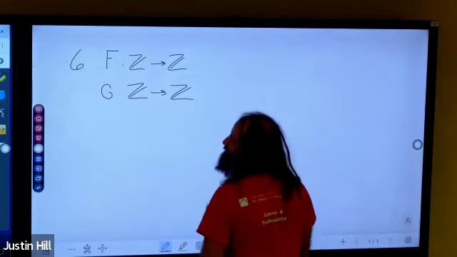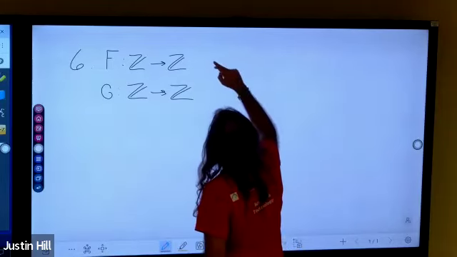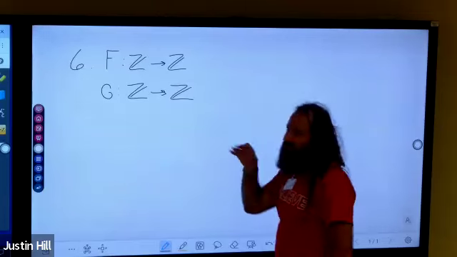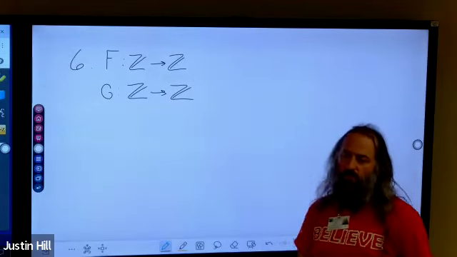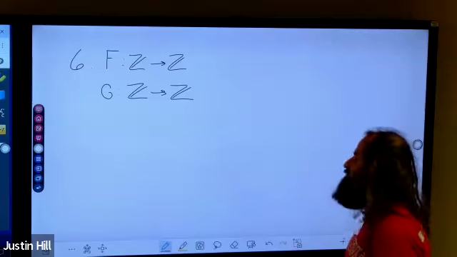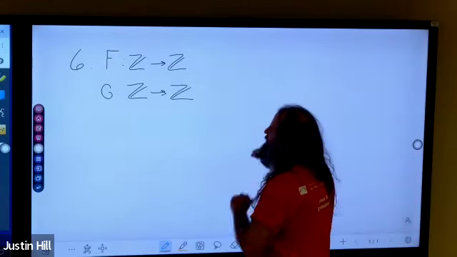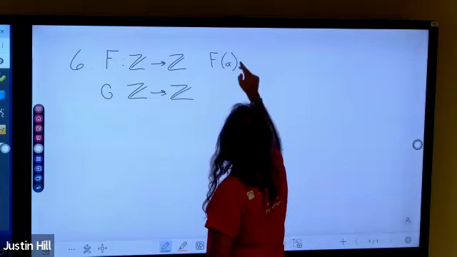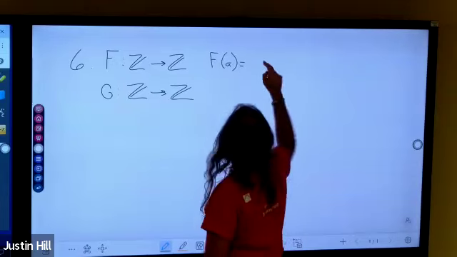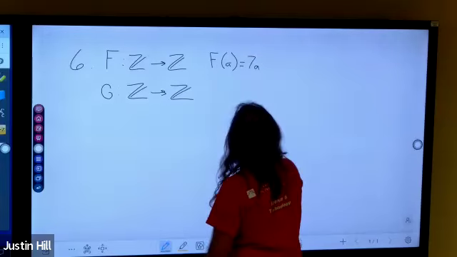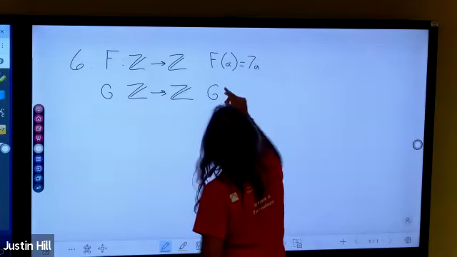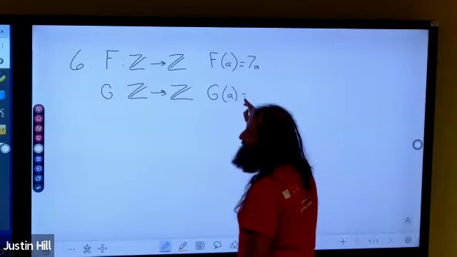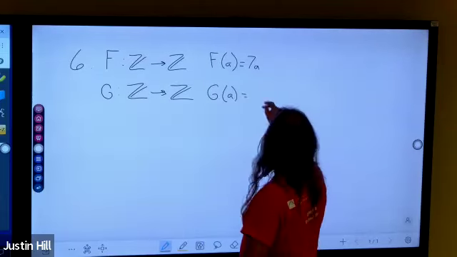This is the more general way of defining functions that you got used to in 7.1. This function is defined by the rule that f of a equals 7a. G is defined as g of a equals a mod 5.